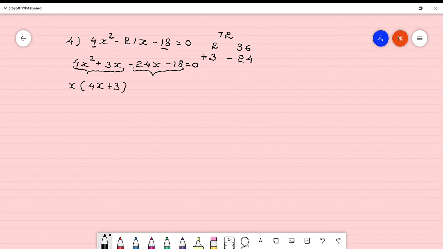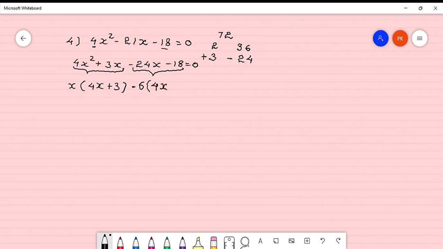Take the negative sign out here, and from 24x and 18, what can be taken common? See, 6 is a common factor of 24 and 18. So I'll take minus 6 common here. So 6 fours are 24, so here 4x will remain.